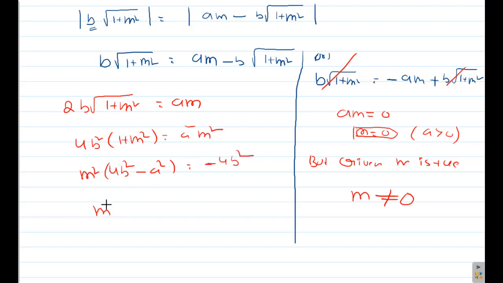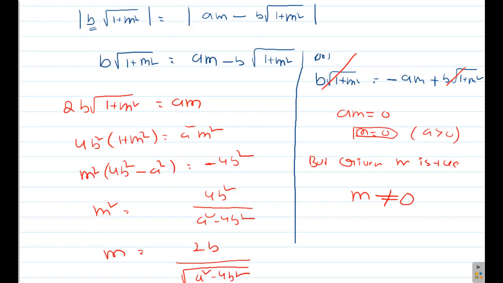So now m square is equal to 4b square by a square minus 4b square, or m equal to 2b, actually mod b, but already b is greater than 0, so directly I wrote 2b by root over a square minus 4b square. This is the value of m.